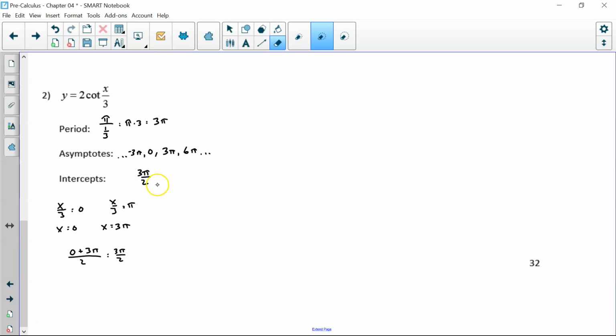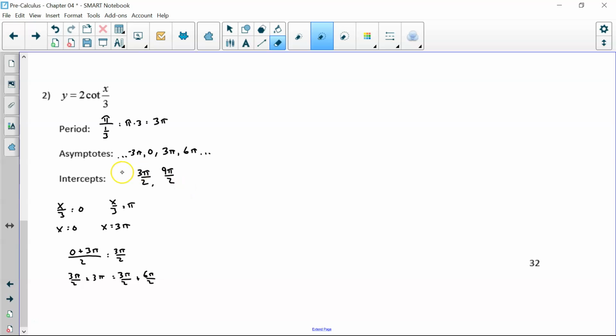Now, if we just keep adding 3 pi. So 3 pi over 2 plus 3 pi. That's 3 pi over 2 plus 6 pi over 2. That's going to be 9 pi over 2, or 9 halves pi.